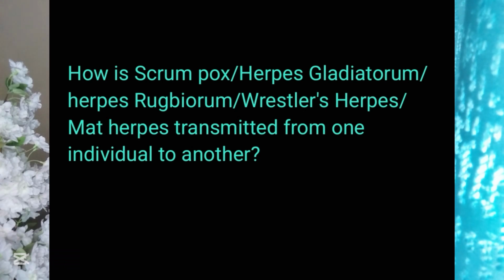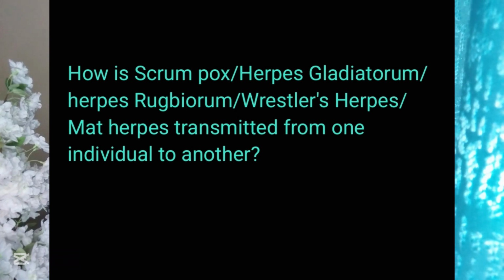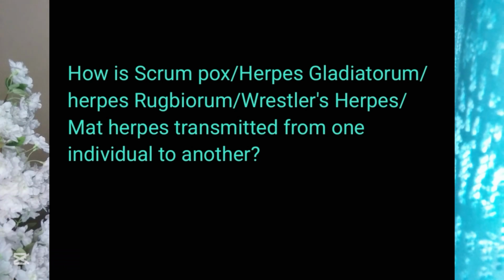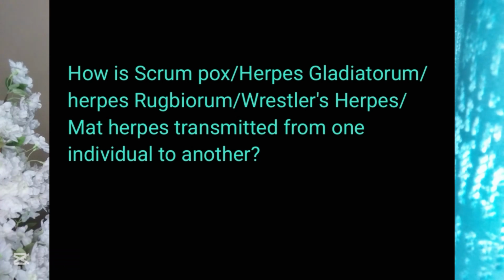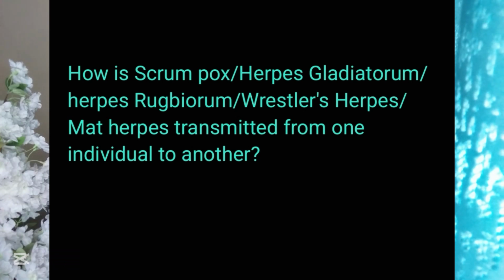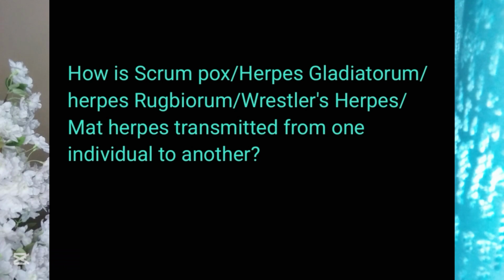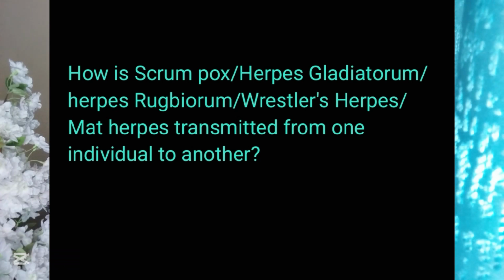However, these individuals can shed the virus onto their skin, and when you get into contact with their skin, you can get the scrum pox, even though they don't have any symptoms. So when they get into contact with yours, they can infect you and you'll end up with scrum pox.